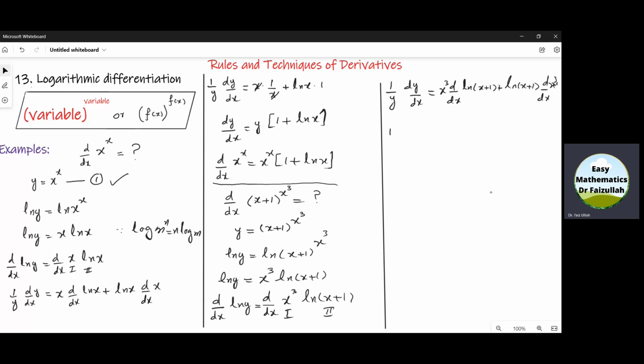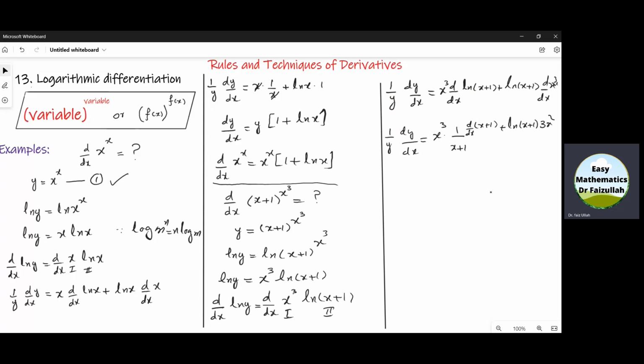So from this we have 1 over y dy by dx, which is equal to x cube, and differentiation of log(x + 1) is 1 over (x + 1), and then the inner differentiation of x + 1, plus log of (x + 1) and differentiation of x cube, that is 3x square.